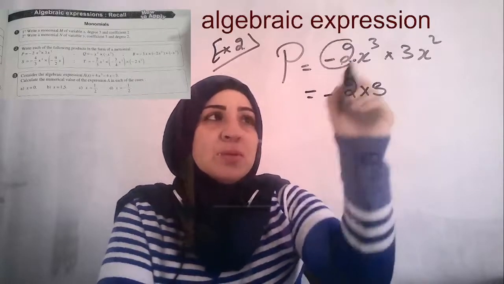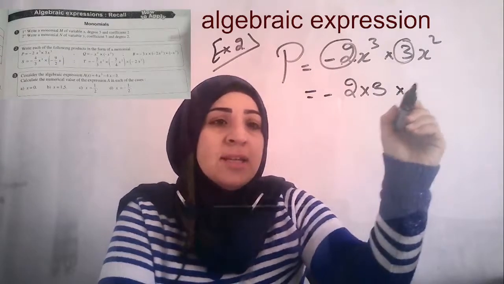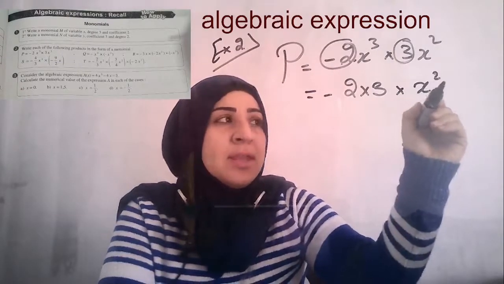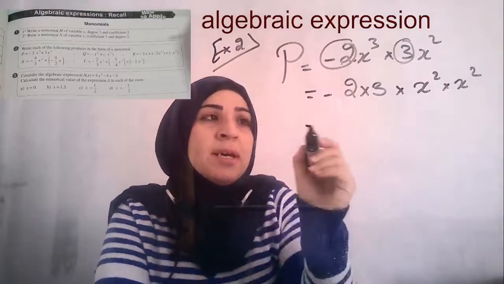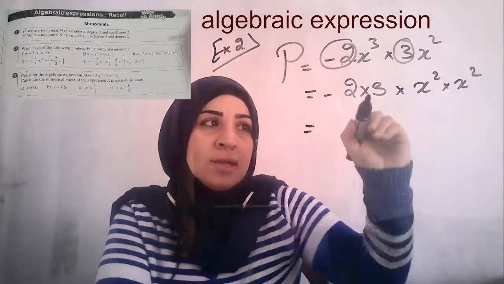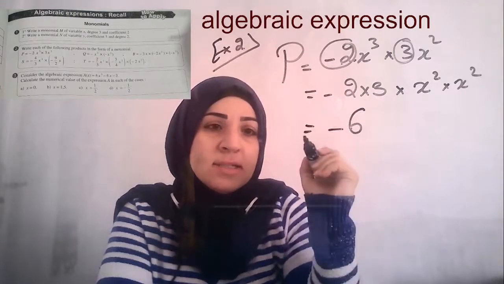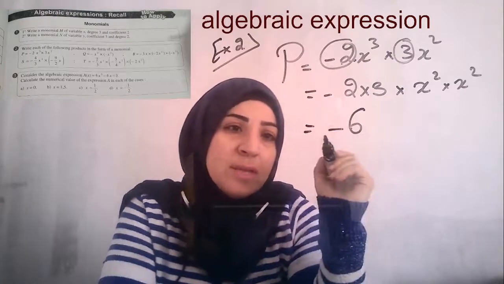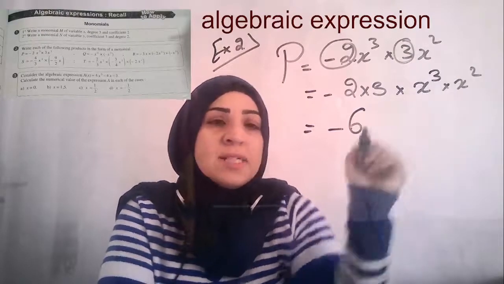I'm talking about multiplying the coefficient with each other first, then multiplying the x's with each other. Okay, now minus and plus, so it's minus. 2 times 3 is 6. Now let's move to the variable x power 3, times x power 2.